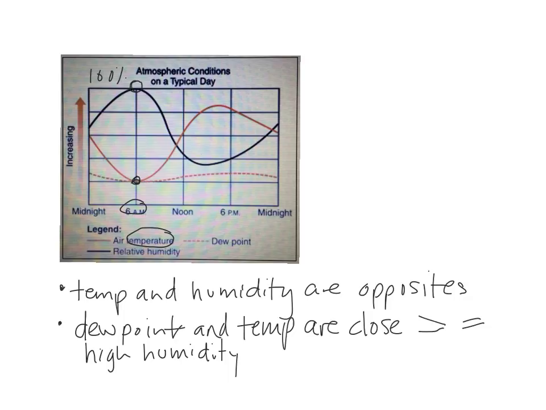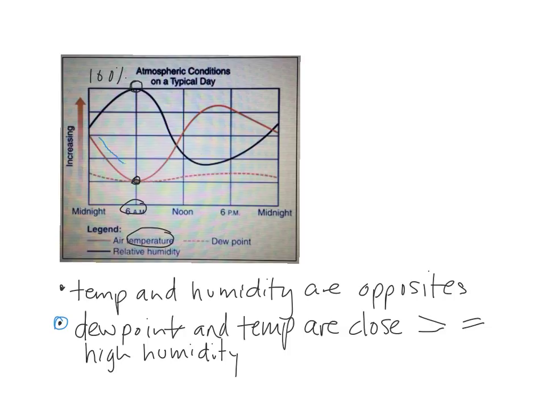I'm going to switch over to blue color so you can see what I mean for this point. Okay, so dew point and temperature, when they start getting closer, so temperature, remember, is the orange line, and dew point is the orange dotted line.